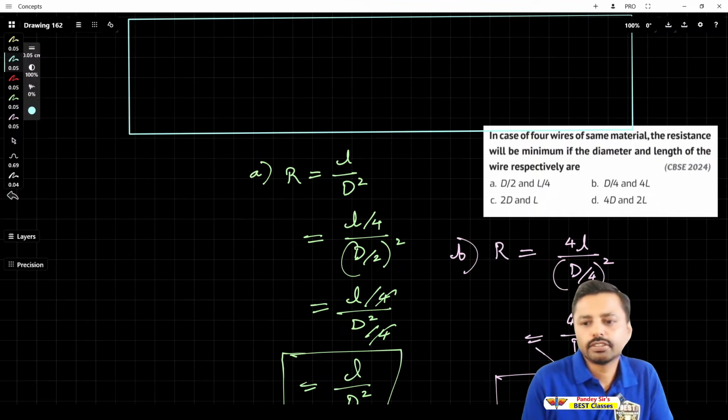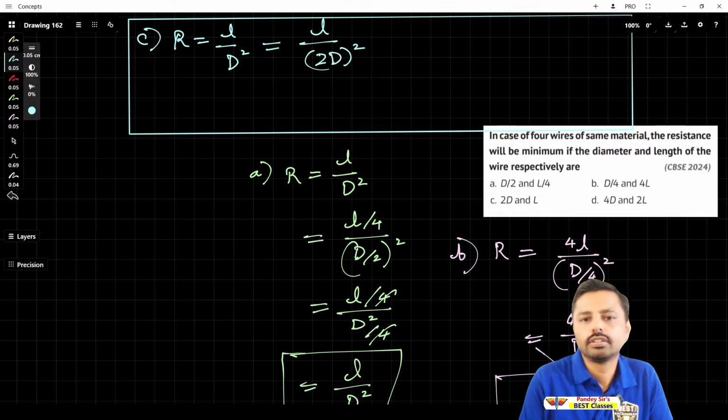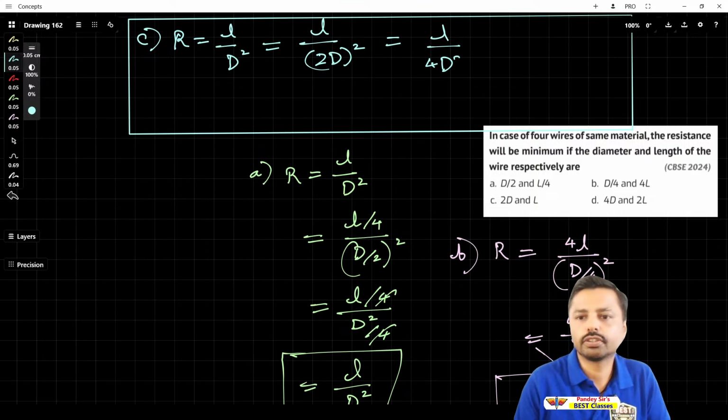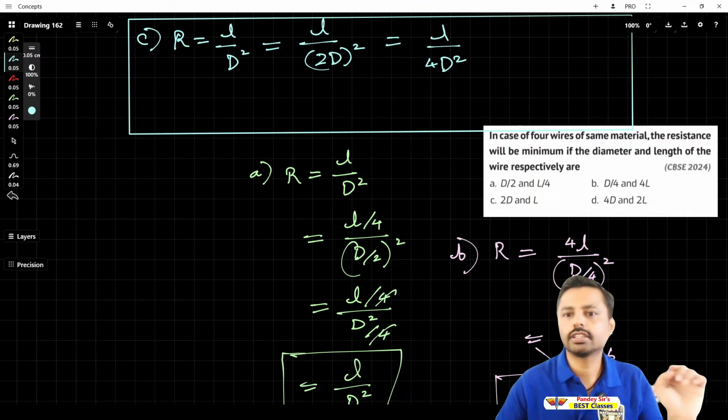Okay, so option C is 2D and simply L. So we get R equal to L by 2D, in the formula with D square. Let's put the value. L will be L and D will be 2D square, which is L by 4D square. Now this could be the correct answer. I will say why.